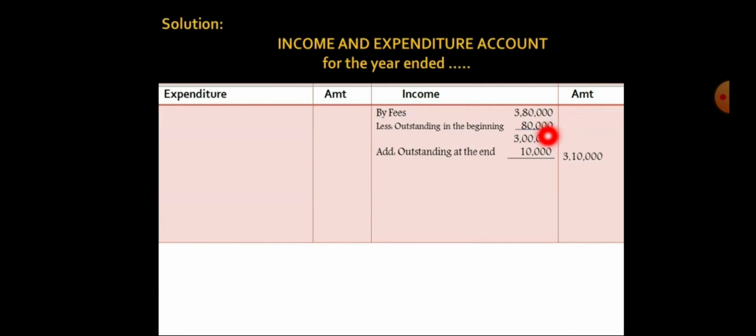Out of that 3,80,000, 80,000 is of the previous year, that is outstanding in the beginning, that you will deduct. So you will get 3 lakh. Now in this 3 lakh, outstanding of this present year is 10,000 which you have not yet received. 3 lakh plus 10,000, you will get 3 lakh 10,000. This is the fees which is your income. This is the exact amount of income through fees.